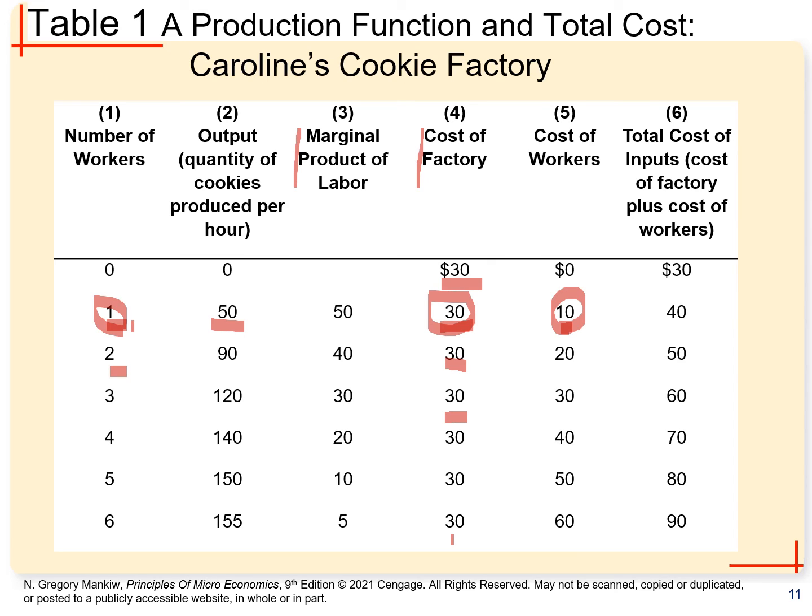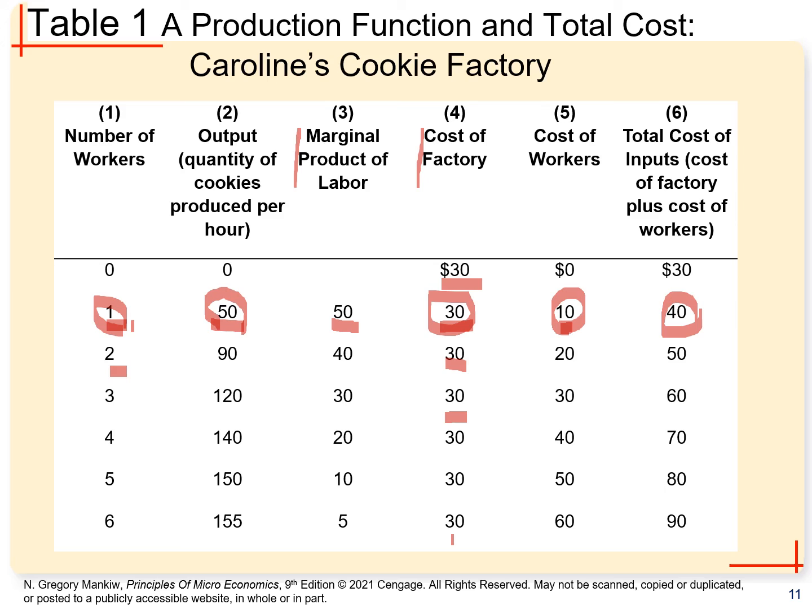You add them up, your total cost, let's assume, would be 40. All this together brought 50 units of product. Okay, from 0 we jump to 50. That's the marginal. We talked about it before, remember?